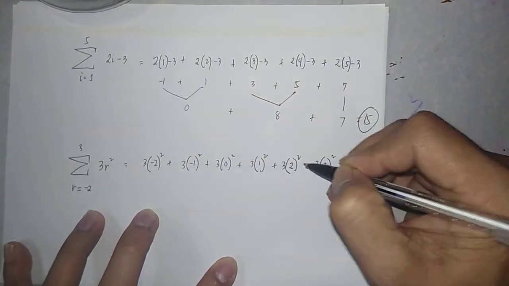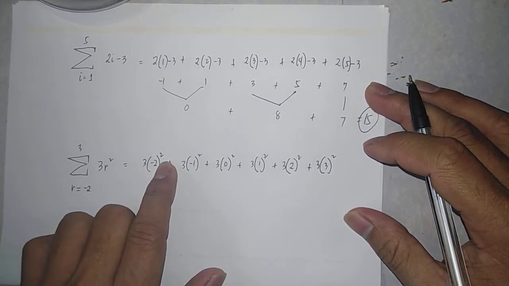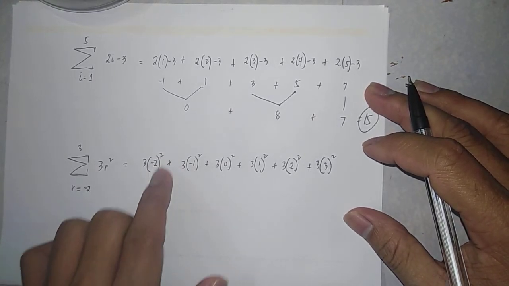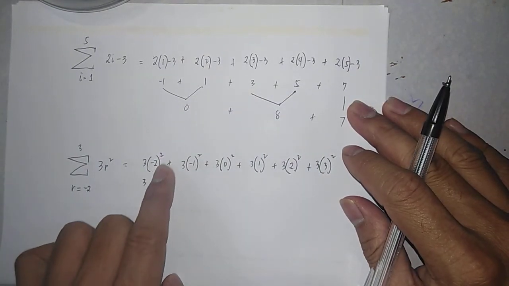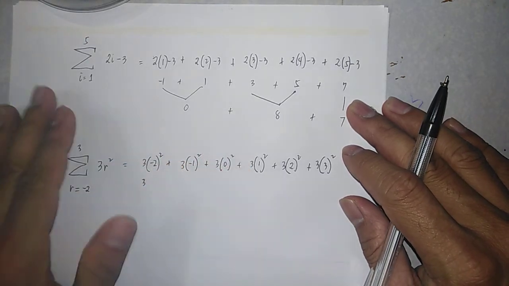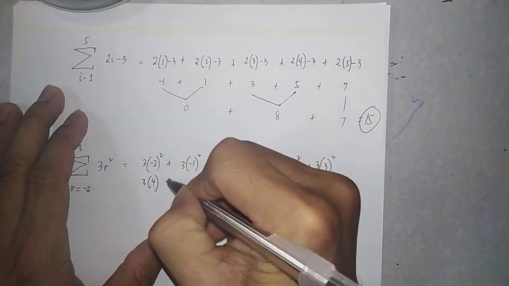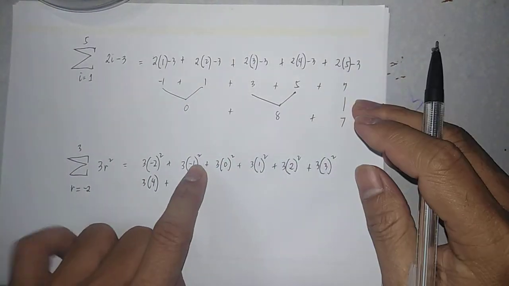So, dito na iiral yung PEMDAS. Times muna or exponent. Alright, so masusunod muna sa exponent. Sa exponent muna natin. So, 3 times negative 2 square. What is negative 2 square? Negative 2 times negative 2. Correct, that's positive 4. Next, 3 times negative 1 square.